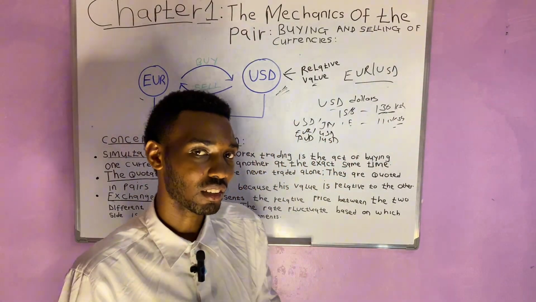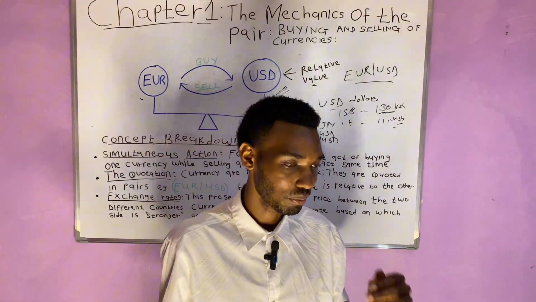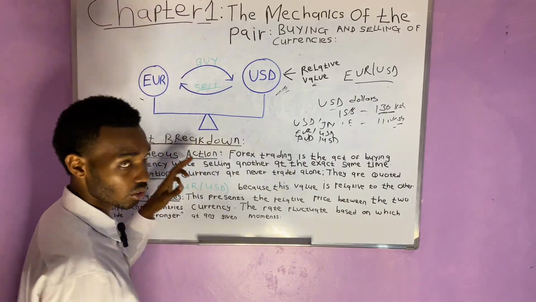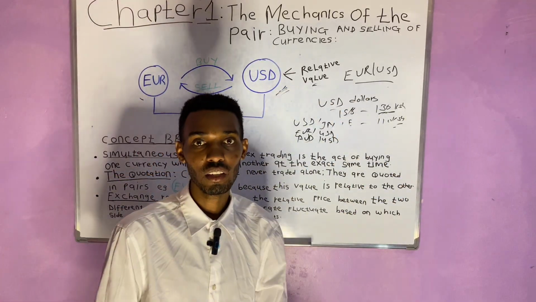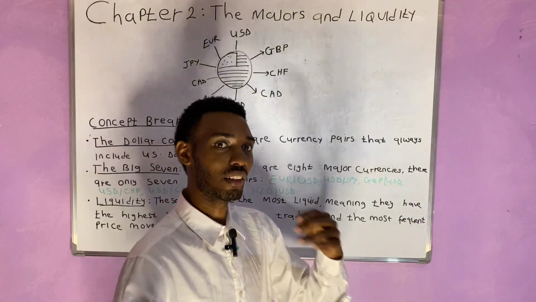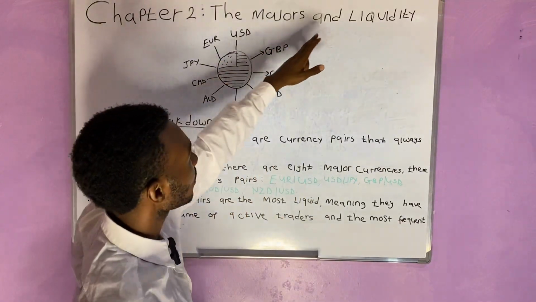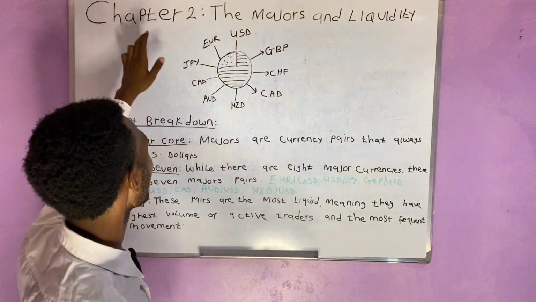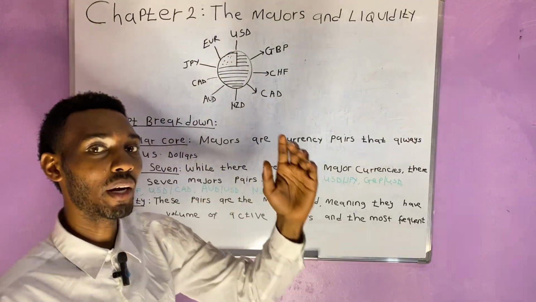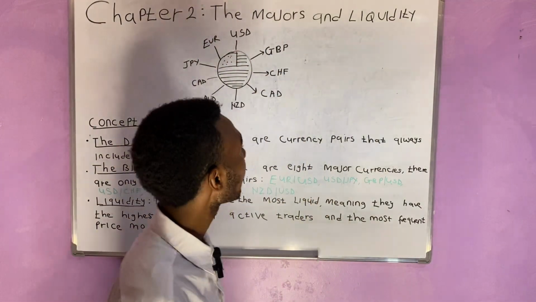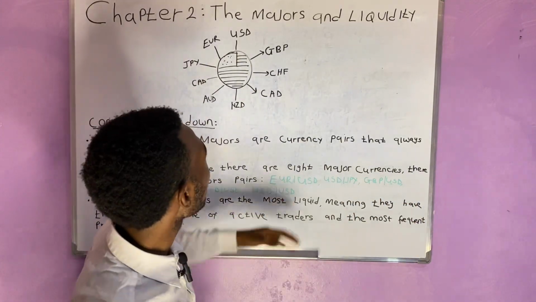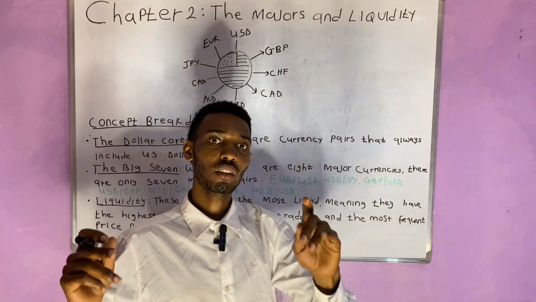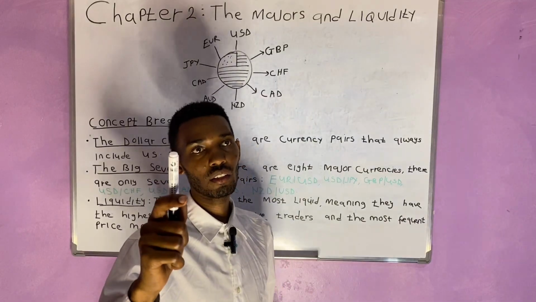Now let us look at the next session. This one is the first chapter about the buying and selling of the currency. Now let us look at this part about the majors and the liquidity. The second chapter on the buying and selling of the currencies: the majors and the liquidity. We are going to categorize the currencies into 3 categories.